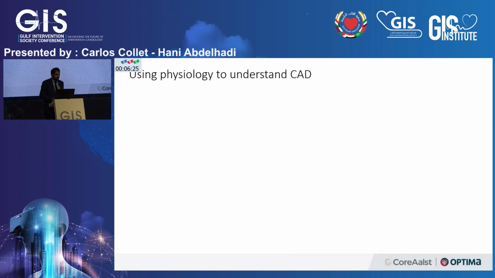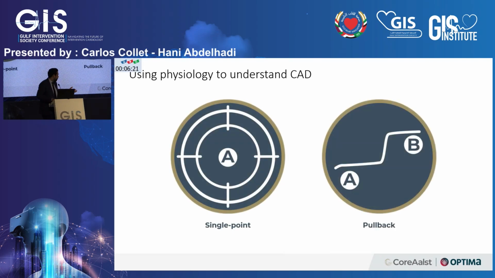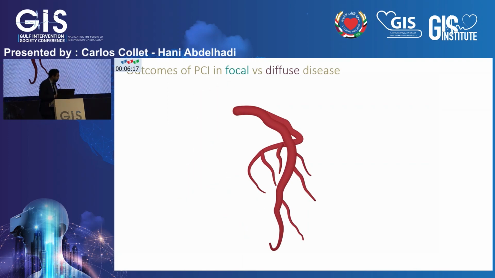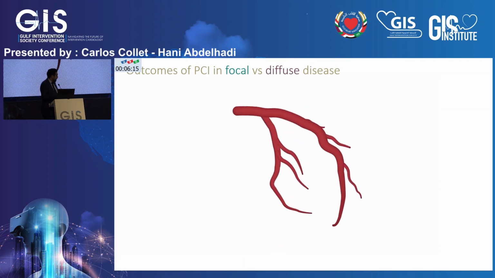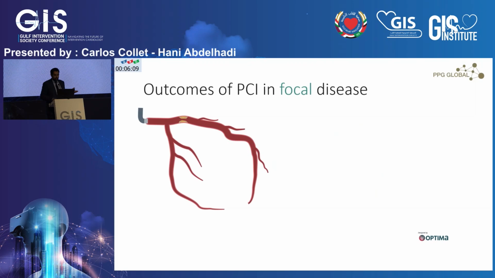And I think I showed this before, we can show it one more time: using physiology in a very comprehensive way, and you're doing that in your practice, is basically trying to understand more what is the disease of the patient. We have shown this animation to explain the consequences of PCI in focal and diffuse disease.